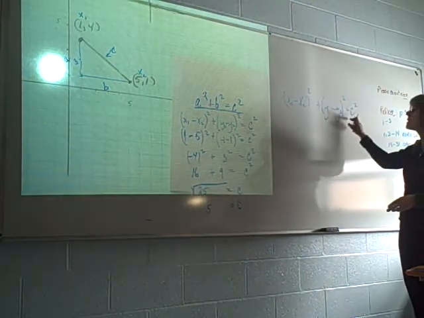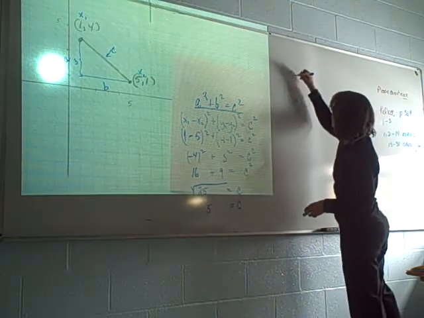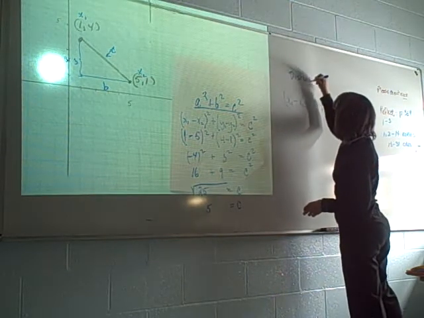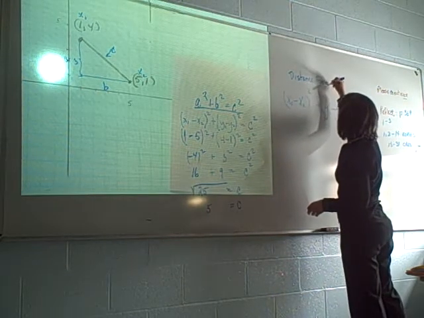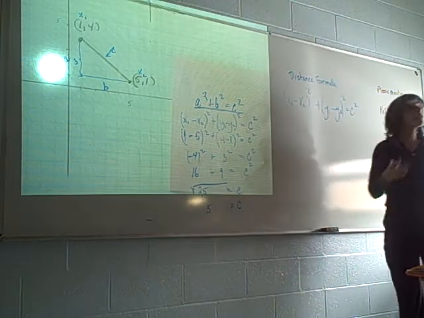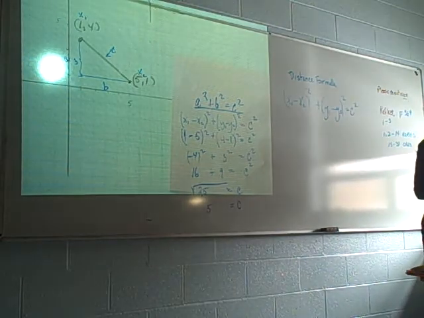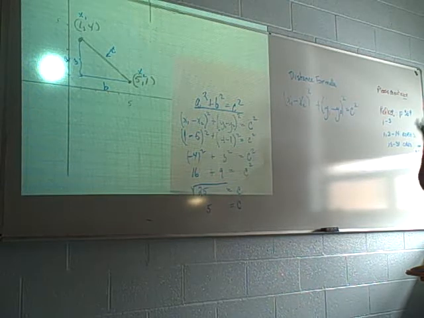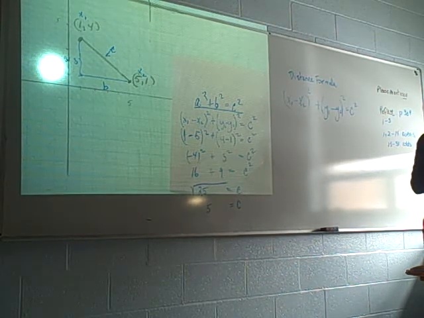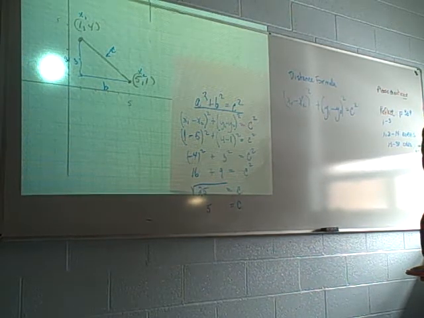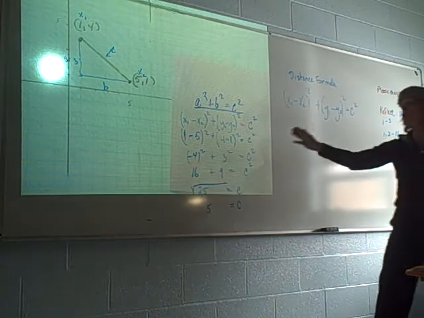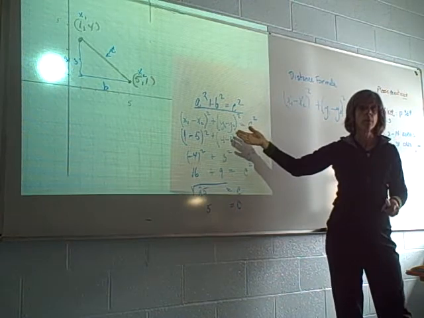So this is known as the distance formula. And it is derived from the Pythagorean theorem. So if you're ever in a situation where you need to know the distance formula, it's like, how did we get there? Okay?